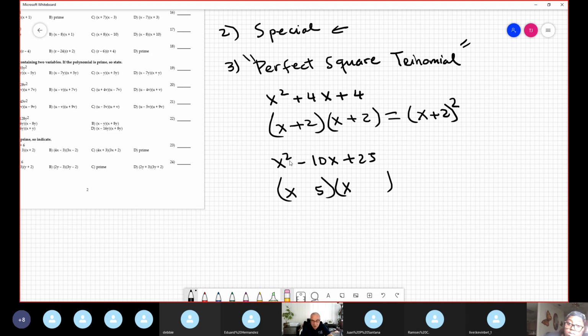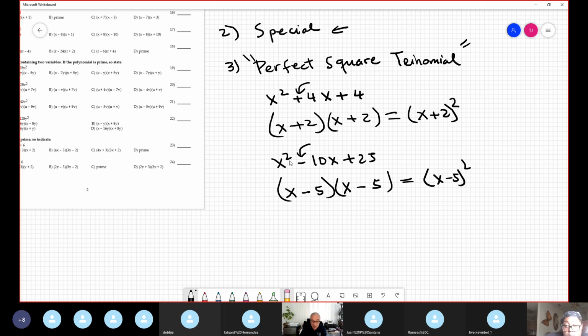And the combination is 5 and 5 because 5 times 5 is 25 and 5 plus 5 is 10. In this case, minus. The important sign is the first one. If this sign is positive, it's positive; if this sign is negative, it's negative. And the perfect square, in the regular, no. So this is x minus 5 squared.